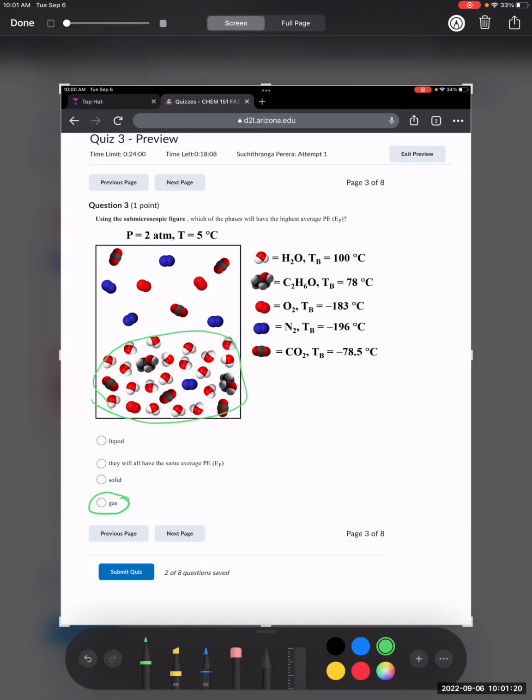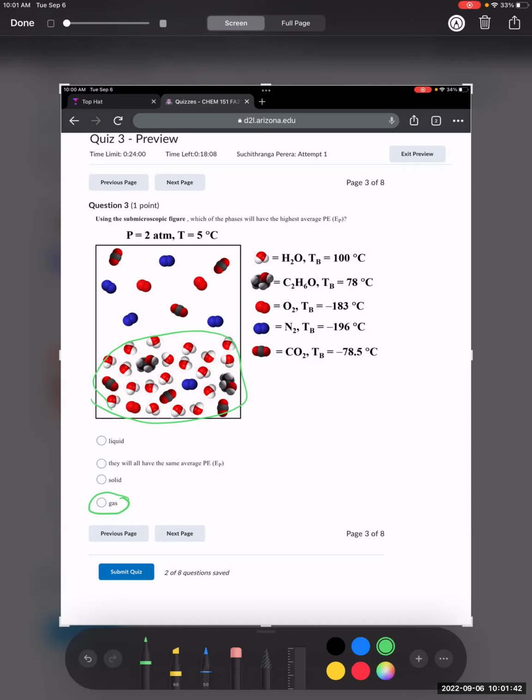This is not a solid phase. If it is a solid phase, then we should have the particles more organized as well as closer to each other. All right. Anyway, because you don't have a solid phase, what we have here is a liquid phase with the lowest potential energy.